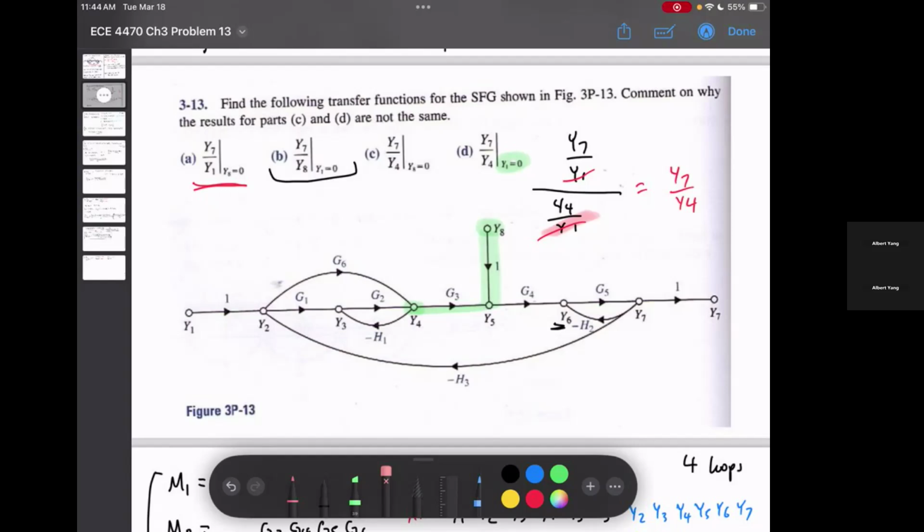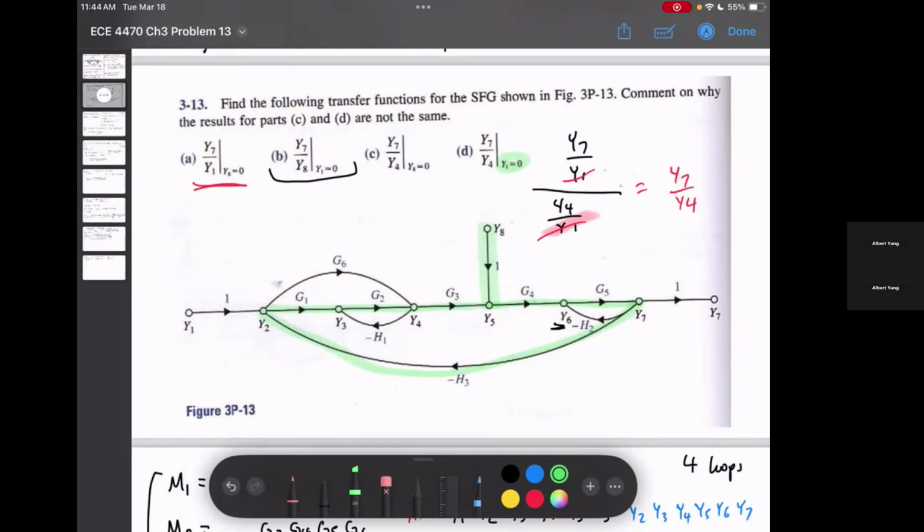So if you go down, you can't go to the left because the arrow is pointing to the right. So you need to find another way across. And that would be from here then to here, then all the way back to here, and then back. That would be one path.